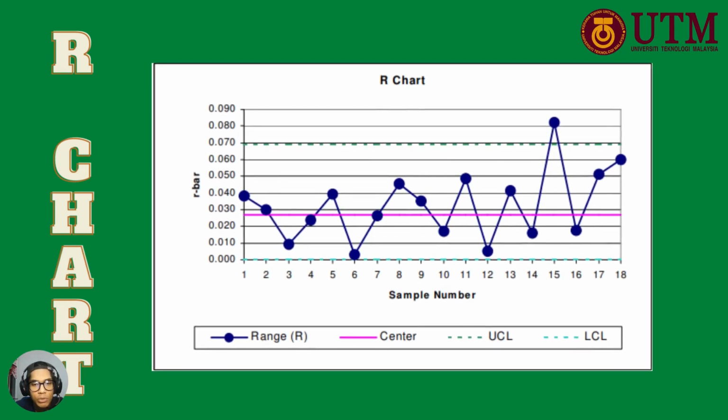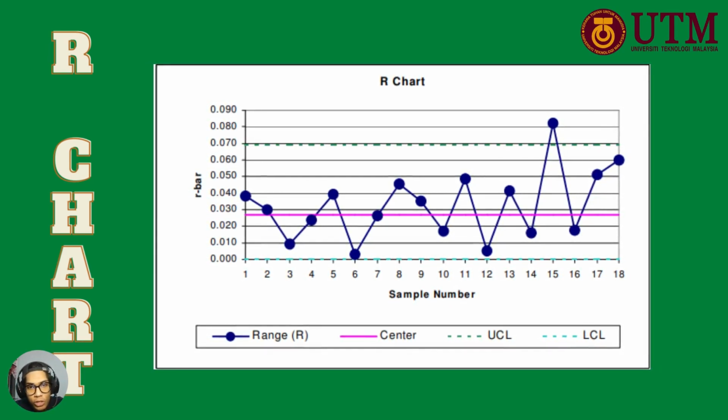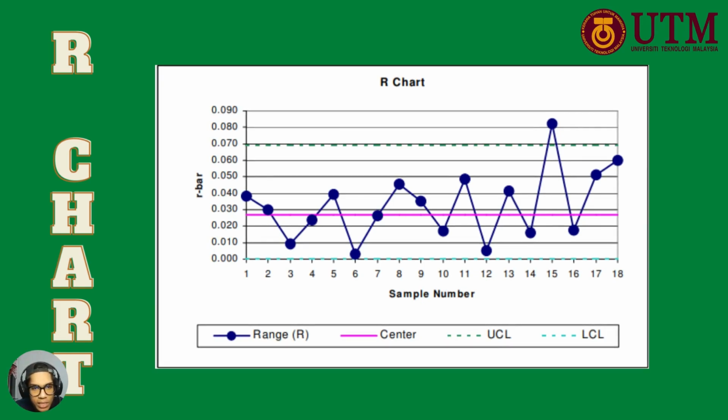And for the R chart, the same goes as just now. We plot the lines, we plot the dots, and then we see whether it is in line or out of line, whether the data is in control or out of control.